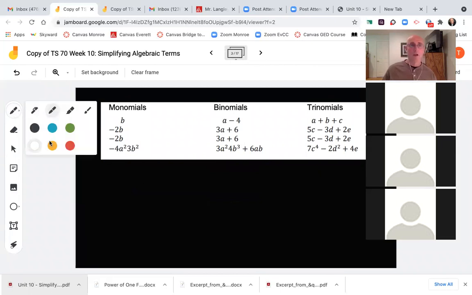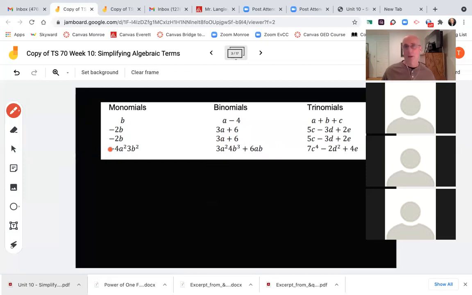I just want to show you some examples to reinforce what we just talked about. Examples of mono, meaning one, monomials. This is a monomial. It's just one term. -2b is all one term together, all multiplied by each other.